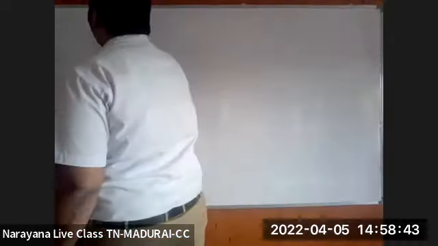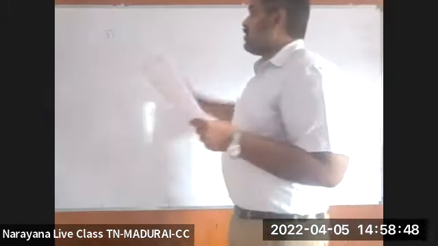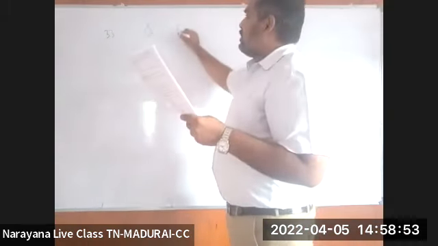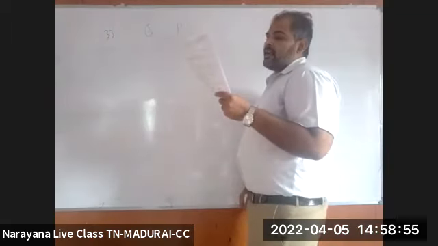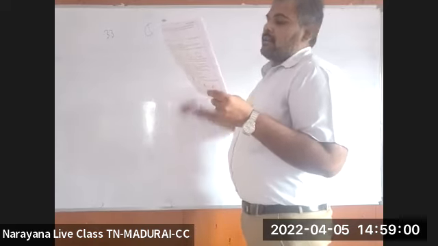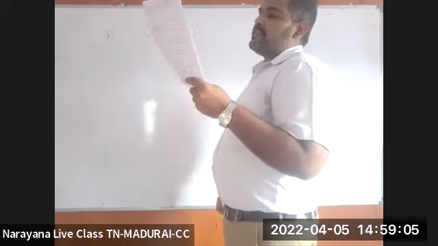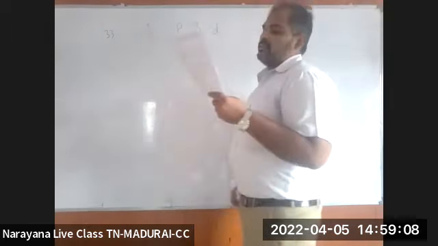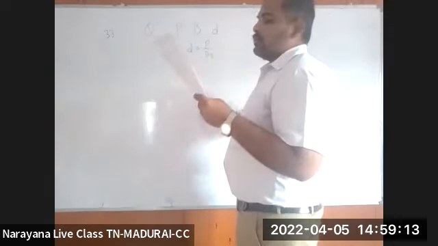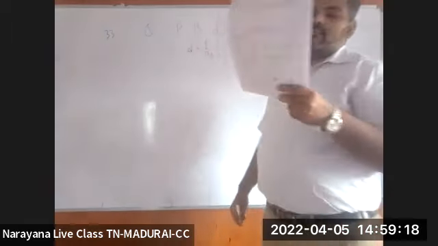Question number 33. A particle with a charge how much? Capital Q, moving with a momentum capital P, enters a uniform magnetic field normally, and the magnetic field has magnitude capital B and is confined to a region with a width small d, where d is less than P by B into Q. Then the particle is deflected by an angle theta in the crossing field.